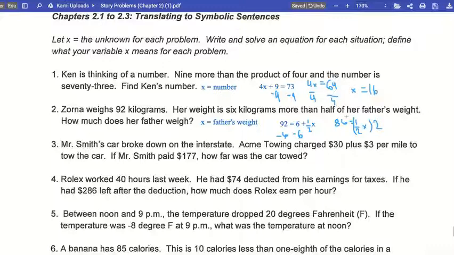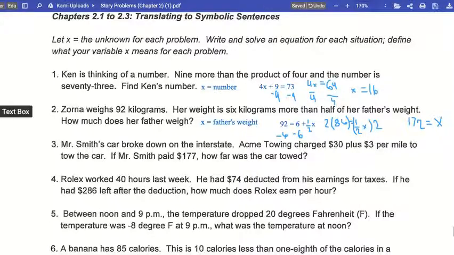Here, 86 times 2 is 172. Because of space, I am showing my work horizontally, but if you are doing this on a piece of paper, I hope to see your work shown vertically. 172 equals x because 1/2 times 2 is just 1.